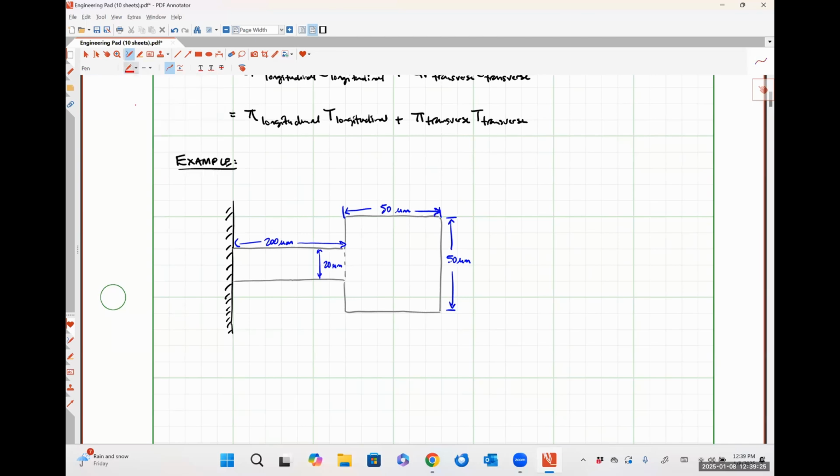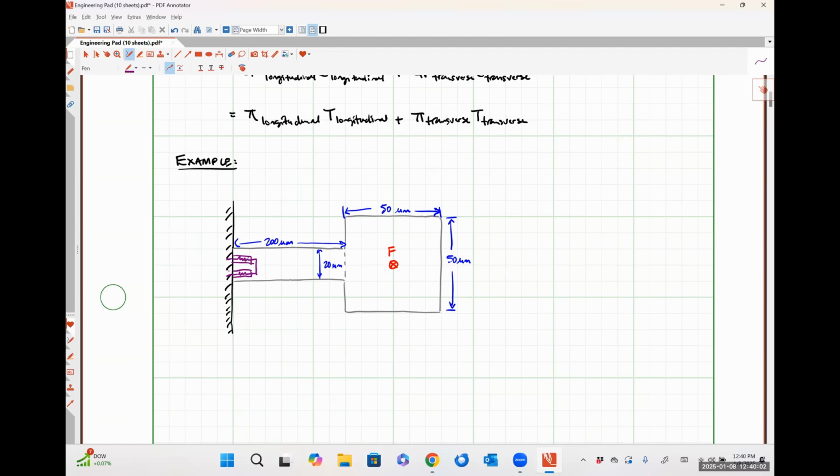Our force is going to be directed into the page in the middle of our proof mass. And then over here on the left-hand side, we're going to have two piezo resistors. So let me just kind of try to draw those in real quick. So we've got two piezo resistors, current flowing around the longitudinal direction on the beam.